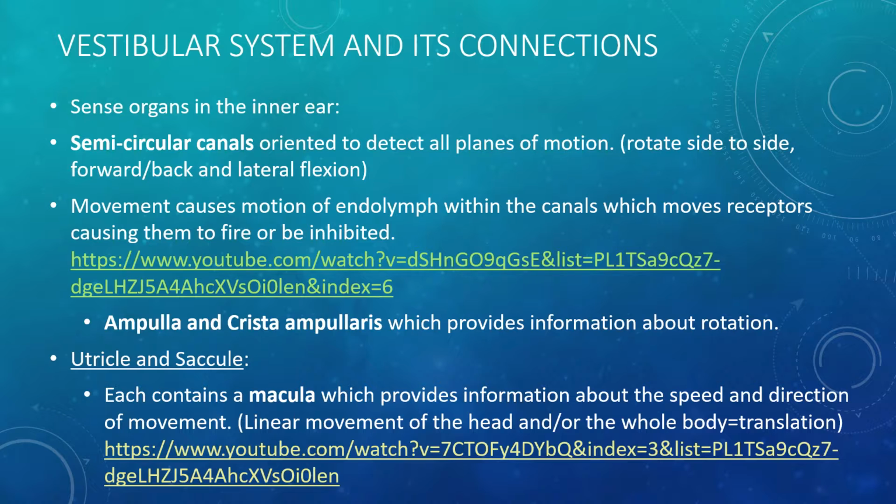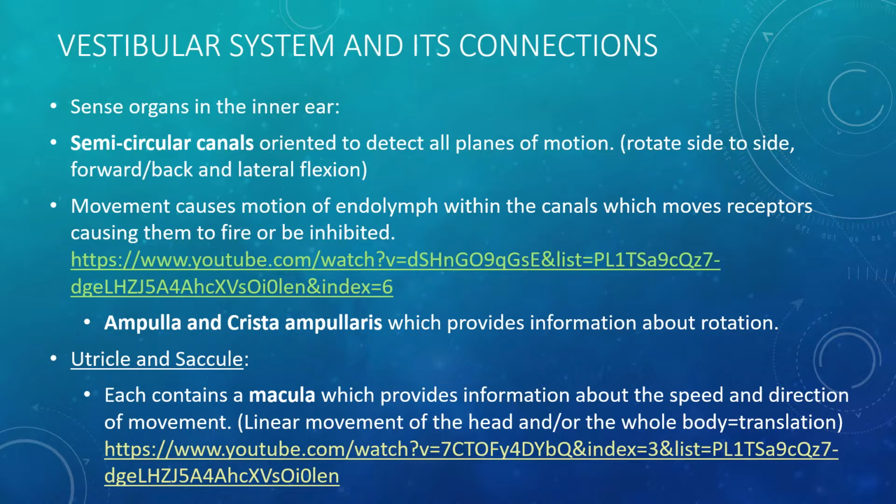And then the utricle and the saccule are two different little sacs that are in the vestibule, the common place where the semicircular canals and the cochlea meet.